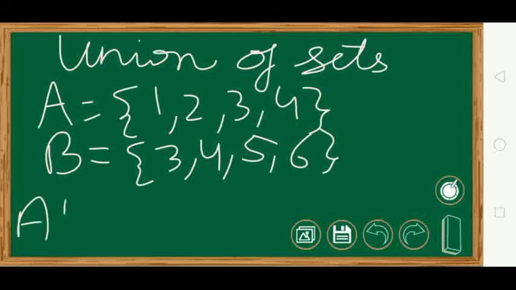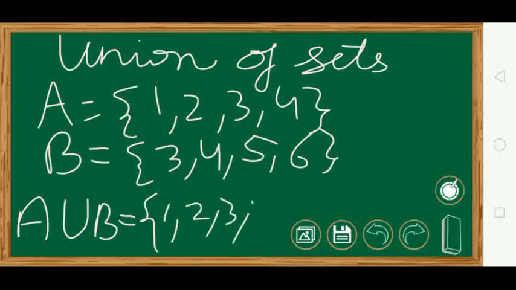Then A union B will be equal to all the elements of A plus all the elements of B, but no repetition allowed. So {1, 2, 3, 4, 5, 6}. I have told you in the beginning also that we don't repeat anything. So this is the meaning of A union B.